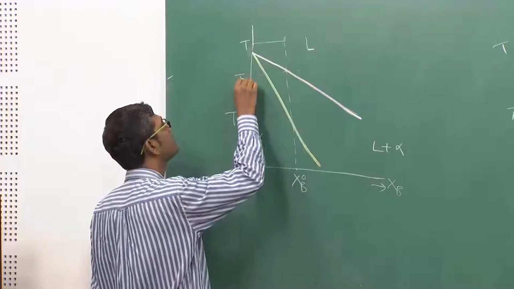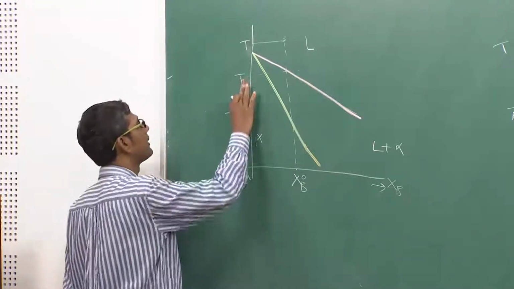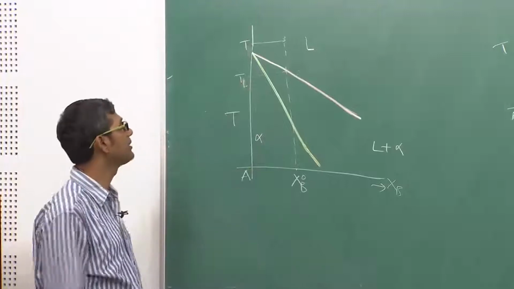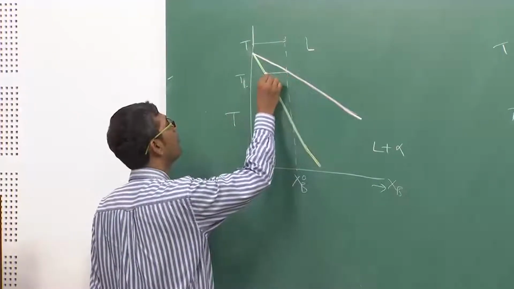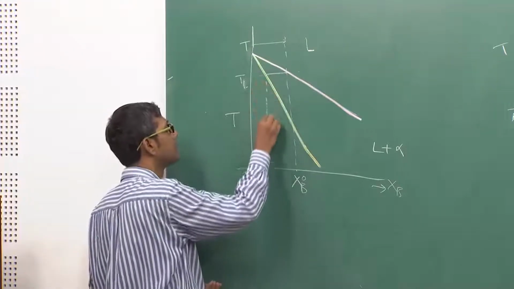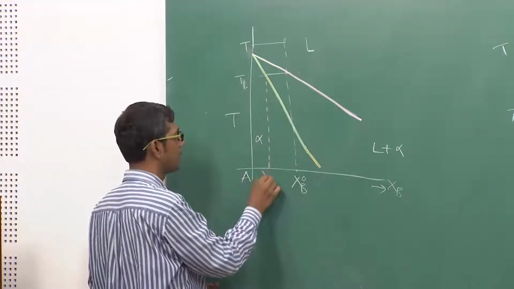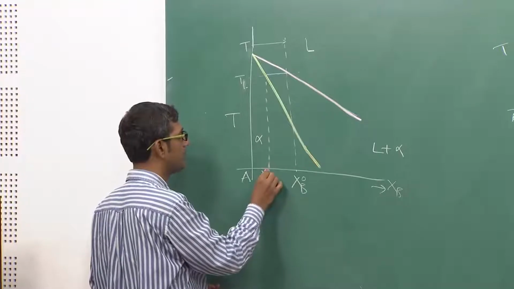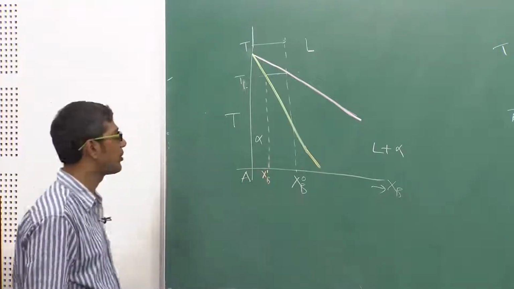So at temperature T1 things will start happening. At temperature T1 a solid will form whose composition is given by this point. Let us suppose this is XB1, the solid composition.